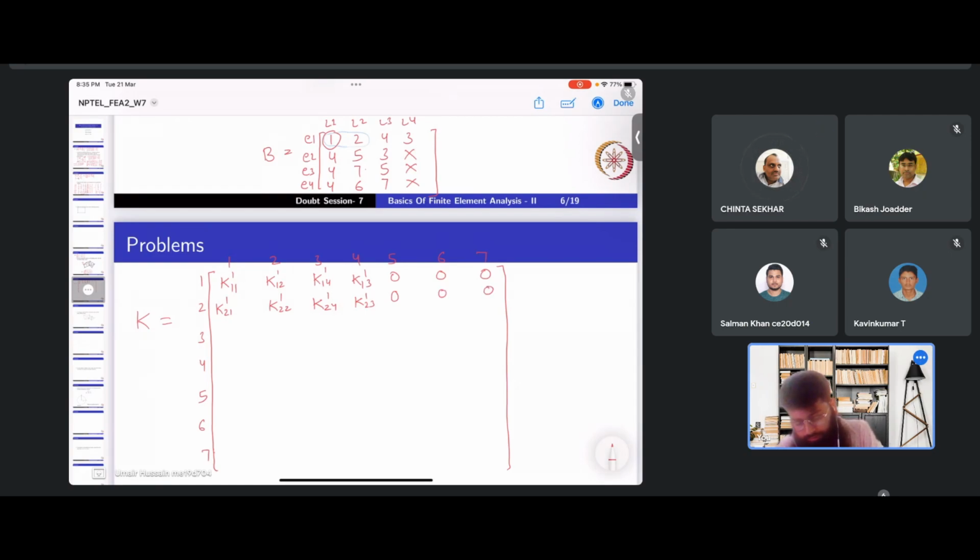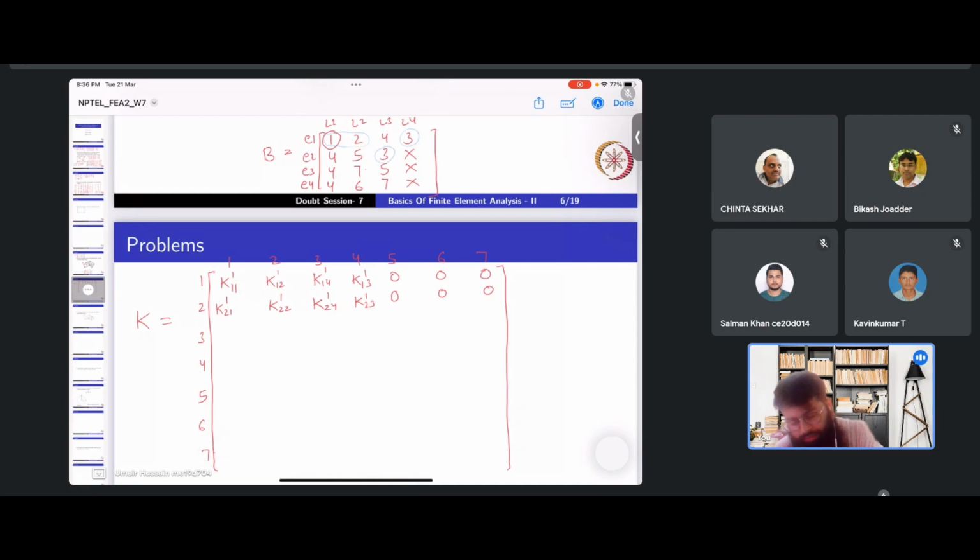Now 3 1. So 3 is part of two elements. It is here and also here. So throughout the entire row of 3, we'll have contribution coming from elements 1 and 2.